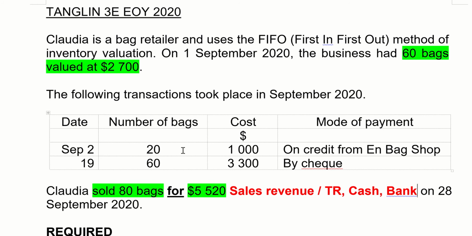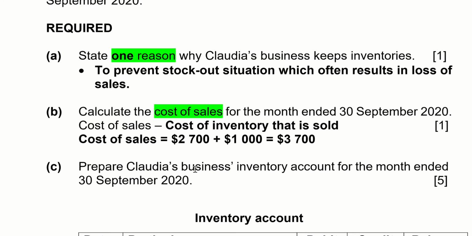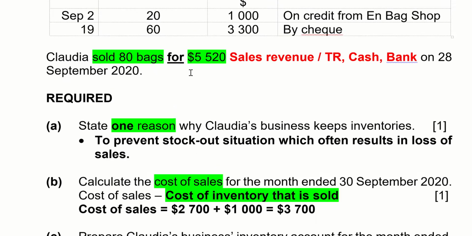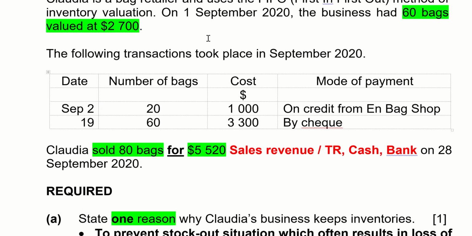So, what is the cost of sales then? We remember again, cost of sale is the cost of the inventory that is sold. So which one has been sold in this case? Now you sold 80 bags, and where do these 80 bags come from? Firstly, first in, first out, right? The first batch would be here.